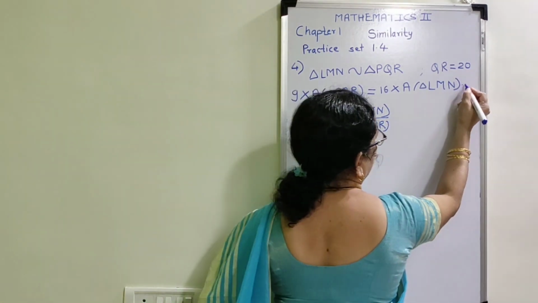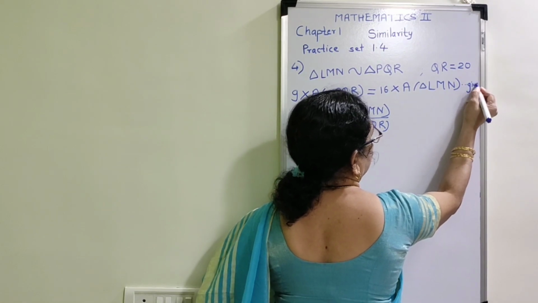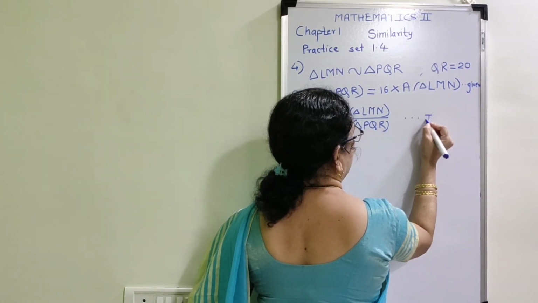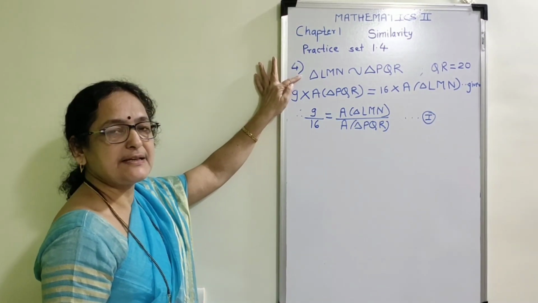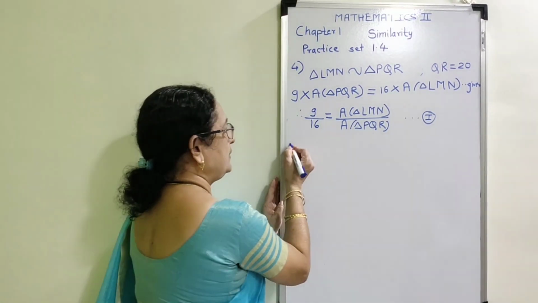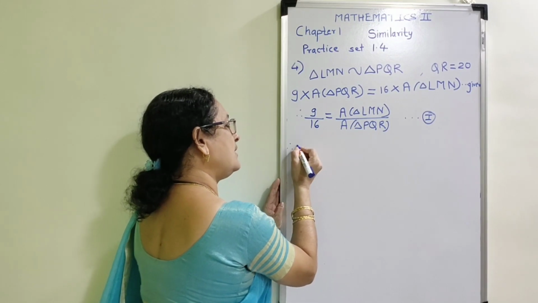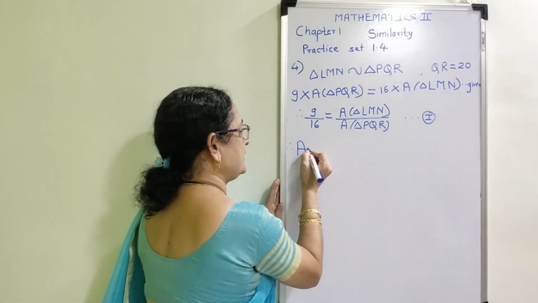Since this is given, this is my statement number 1. Now, since the given two triangles are similar to each other, I am going to apply the theorem of areas of similar triangles.